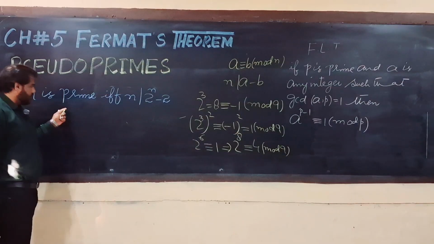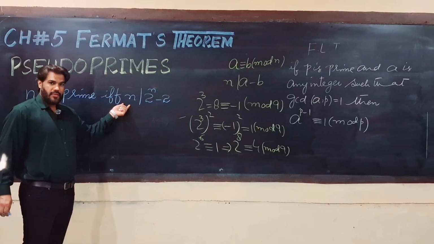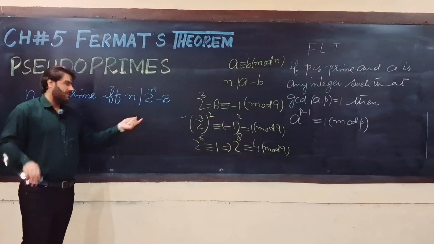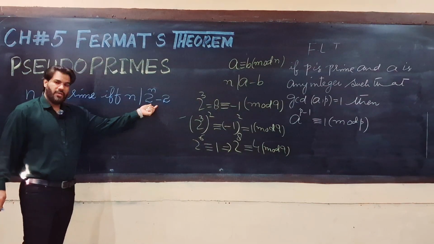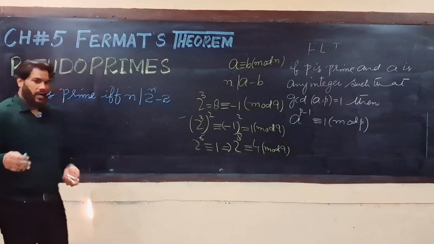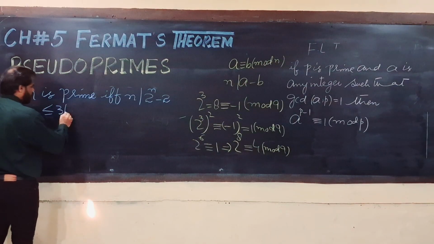In other words, this is the necessary and sufficient condition. When n is prime, then it must divide 2 raised to power n minus 2. And if a number divides 2 raised to power n minus 2, then that number will be prime. And their claim is reliable for all integers less than or equal to 340.